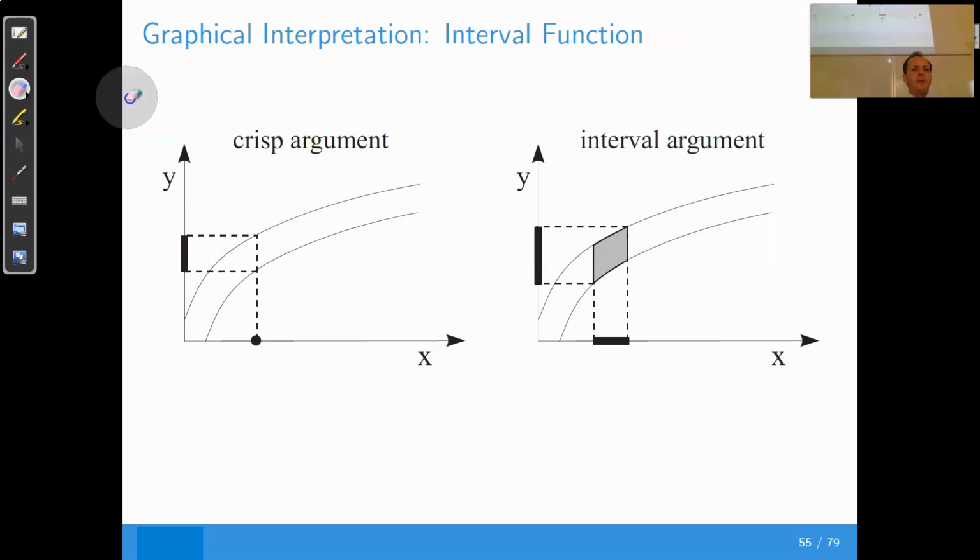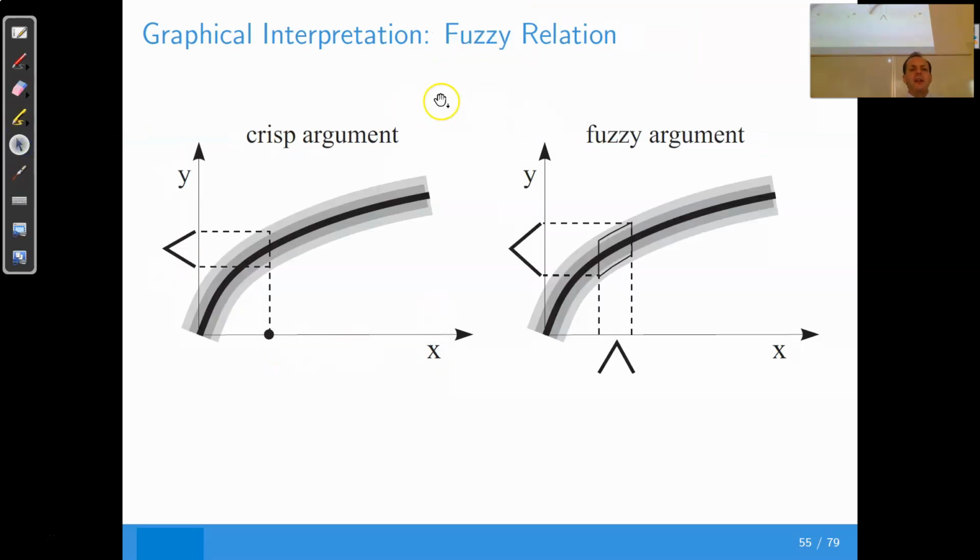Let's try to see what happens when we are considering fuzzy relations or fuzzy functions. The fuzzy function determines that, for example, a single value, which is called a crisp argument. So now we have to pay attention, because now the function is described with its membership function.